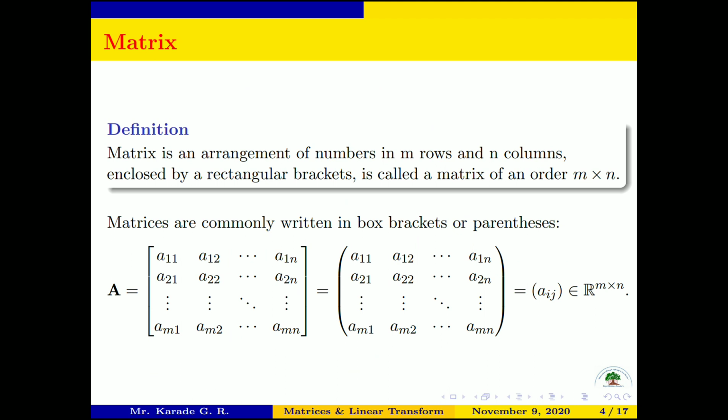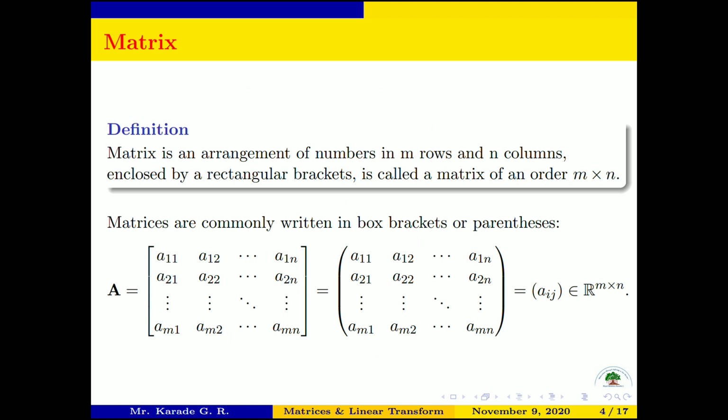First row is a11, a12, dot dot dot a1n. Second row is a21, a22, dot dot dot a2n, and mth row is am1, am2, dot dot dot amn.